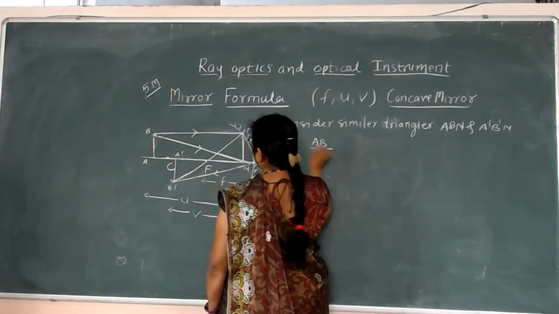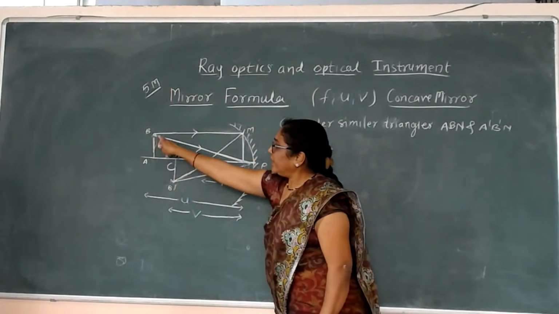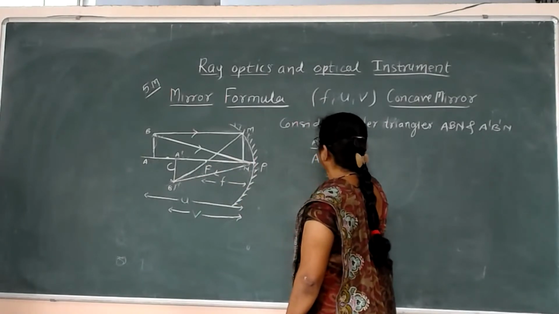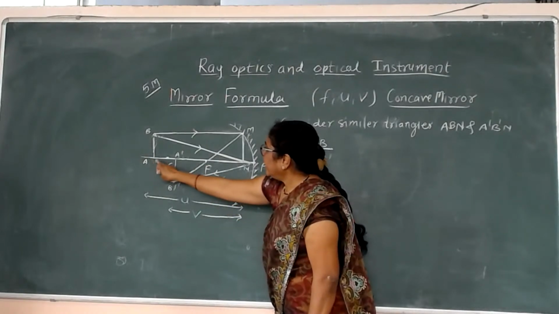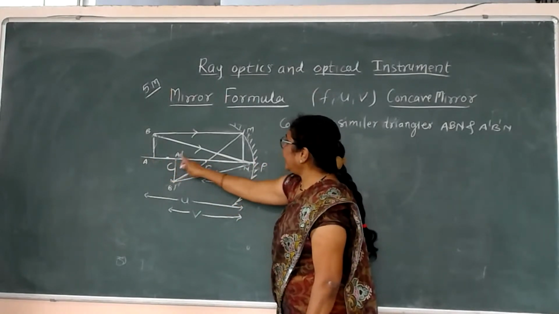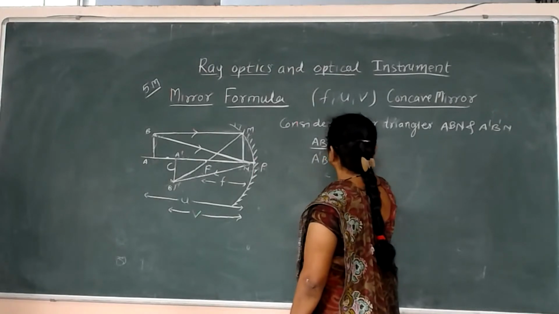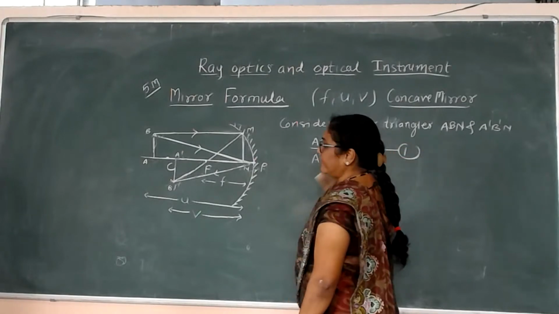AB divided by A dash B dash is equal to AP divided by A dash P. Suppose this is equation number 1.